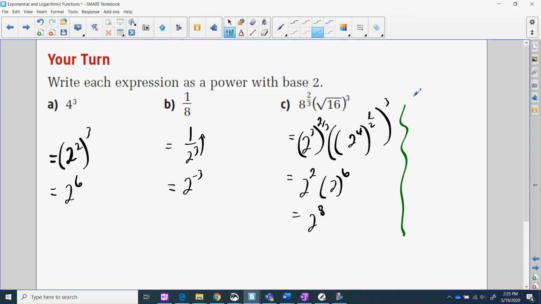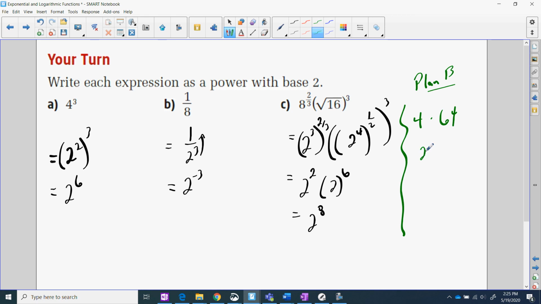So this is just a plan B to show you that you don't always have to do everything the way I do. In fact, plan B might even be better. 8 to the 2/3 means take the cube root of 8 and then square it. Well, the cube root of 8 is 2. 2 squared is 4. There's 8 to the 2/3. 16 is a perfect square. The square root of 16 is 4 cubed, which is 64.